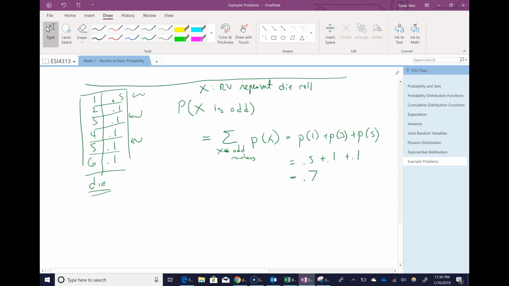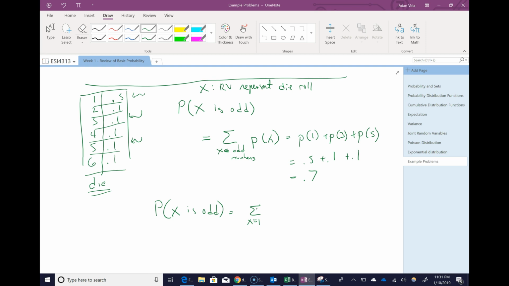Now certainly, I could write that the probability of X is odd. I could also write that as the sum of X equals 1 to... actually I could just say, how would I write that?